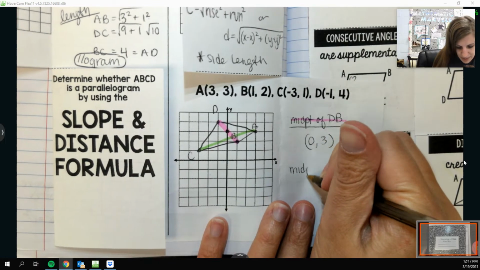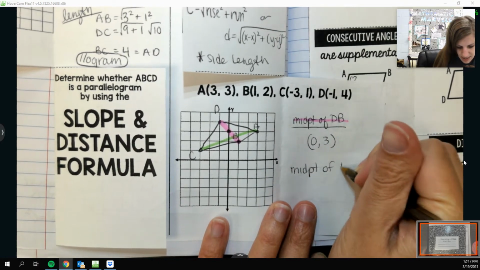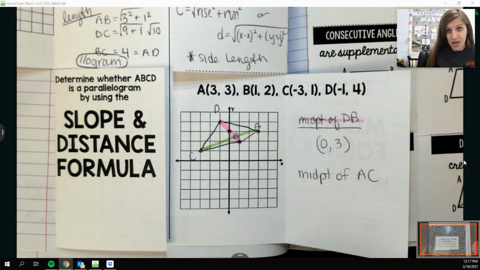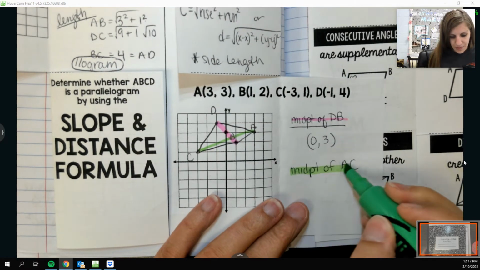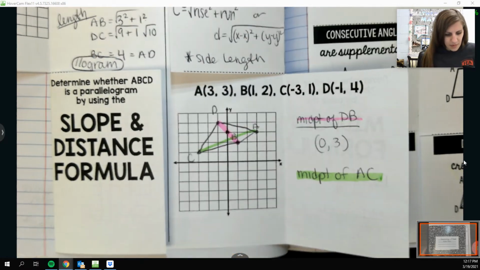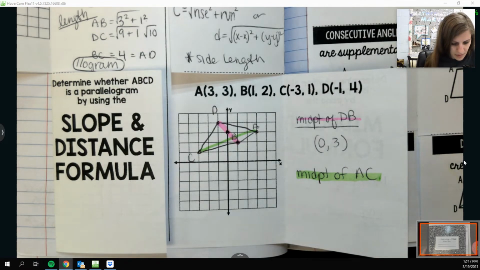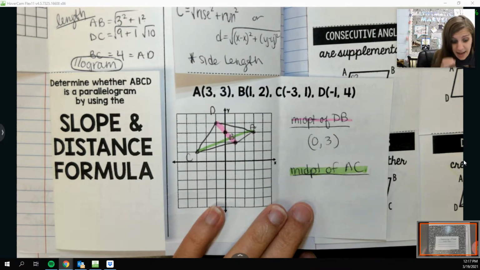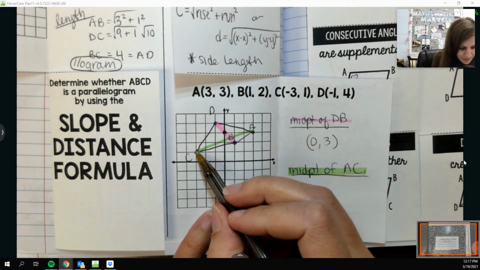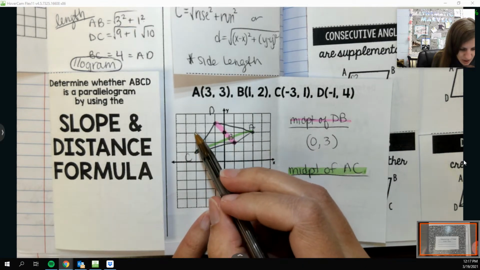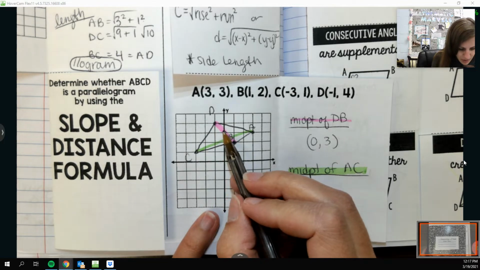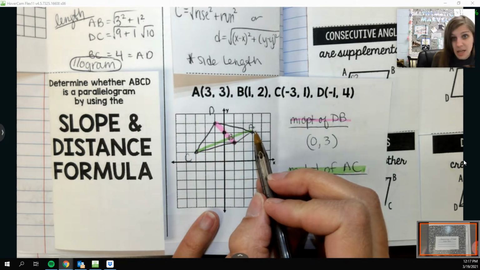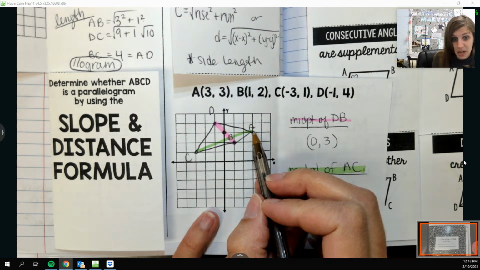Then if I find the midpoint of AC, the other diagonal, I would just count rise, over, run, and do half. So from C to A, I would have to go up 1, 2 over 1, 2, 3, 4, 5, 6. So rather than doing 2, 6, I'm going to do 1, 3.